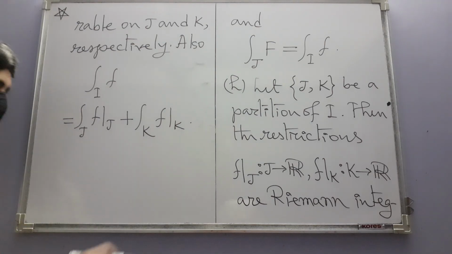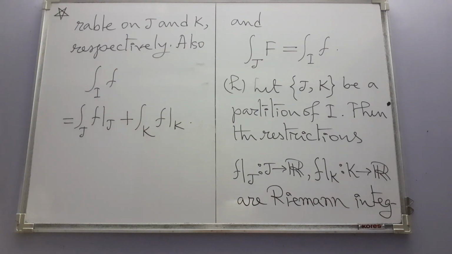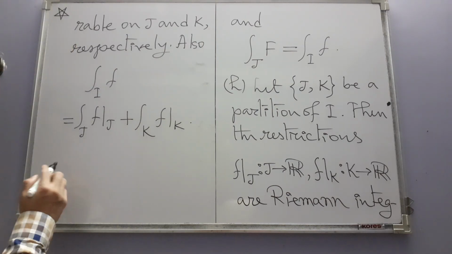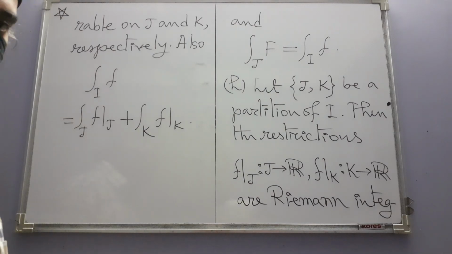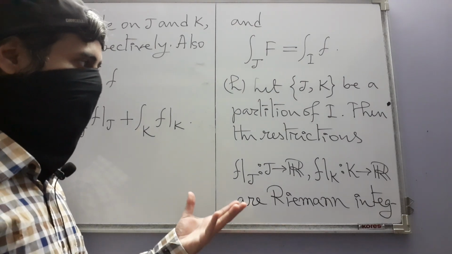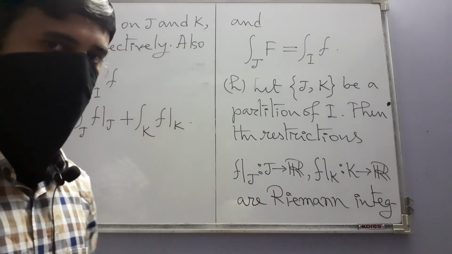Okay, so these are the various parts of this result. Now its proof is the first exercise of this section. So you know how we deal with the exercises. We are going to make a community post where we will see the solution.